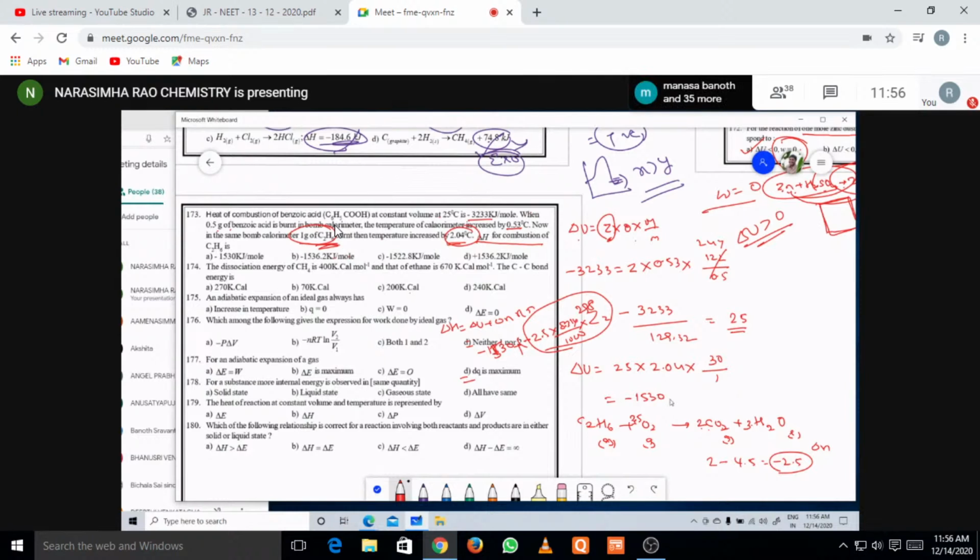That is minus 6.1. So minus 1530 plus minus 6.1, roughly the 6 is added to this one: minus 1536.1.